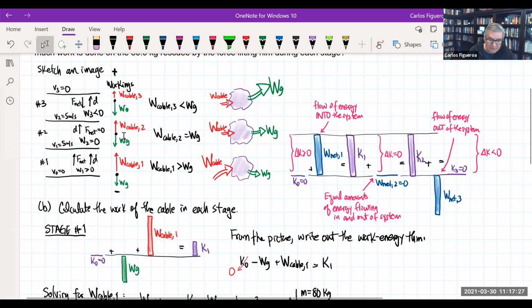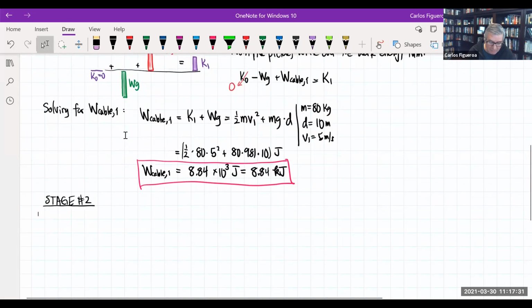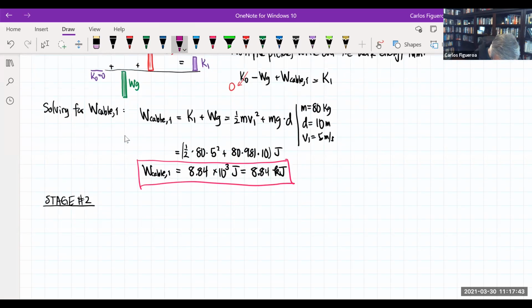So let's go off my picture now. What does my picture say? I'm now going to say that K1 is 1 squared. So here's my K1. It's this much.